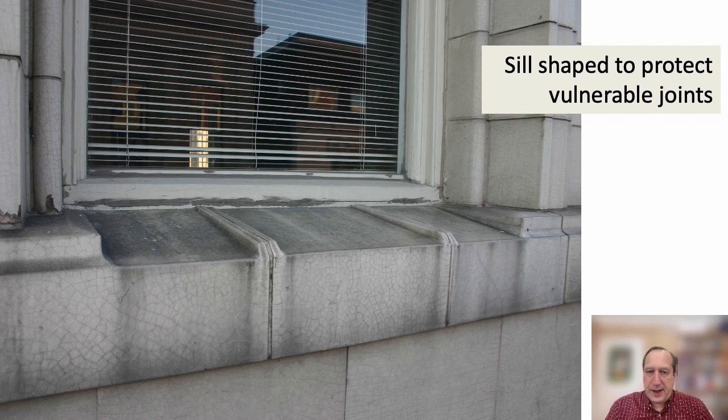This is, of course, some of you may recognize, a building in Cambridge, Ontario, just across the river from the School of Architecture. And these are terracotta tiles that were used to form the building enclosure here. And again, like the building in Kansas, you see how much effort has been put into shaping these not to be a flat unit, but to raise the moisture sensitive and leak prone joints in mortar up out of the water.